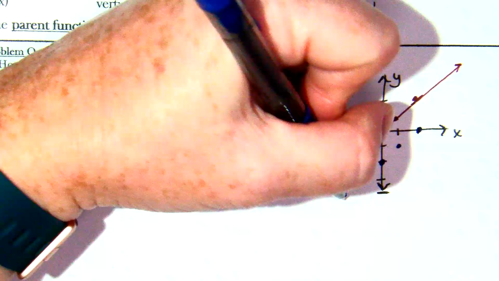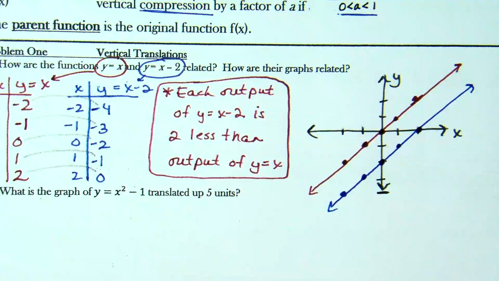Yes, I ended up with parallel lines, but I also ended up with lines that are 2 apart. Technically, they're 2 apart vertically, since the one moved down 2. However, we could argue that they are 2 apart horizontally as well.